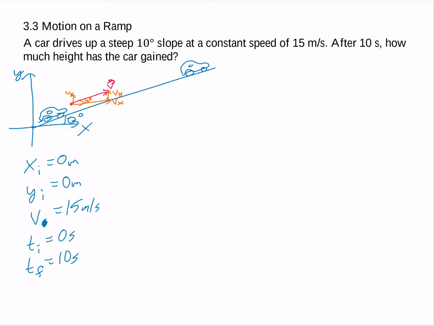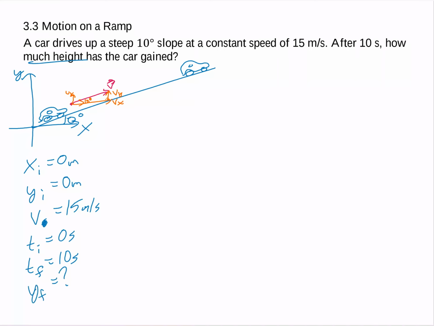What do I need in this problem to be able to solve it? What's the question asking? How much height has it gained? So I need y final, right? I know y initial is 0 meters. How am I going to get y final?